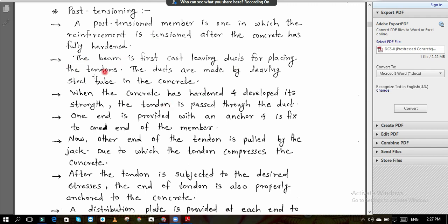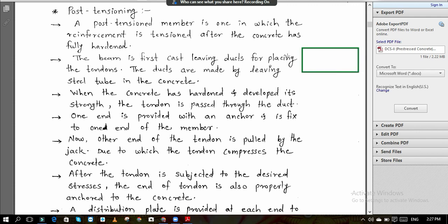The beam is first cast, leaving ducts for placing the tendons. The ducts are made by leaving steel tubes in the concrete. Suppose now this is your beam.